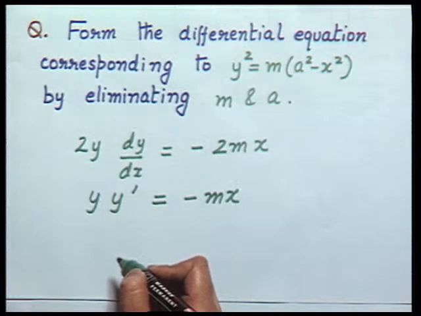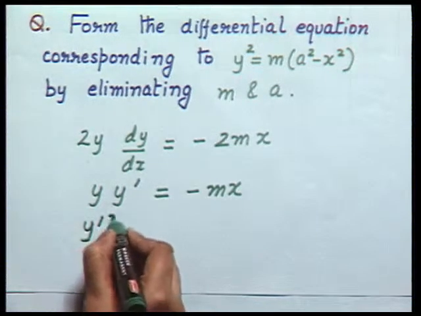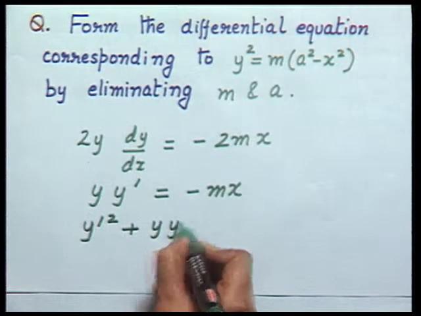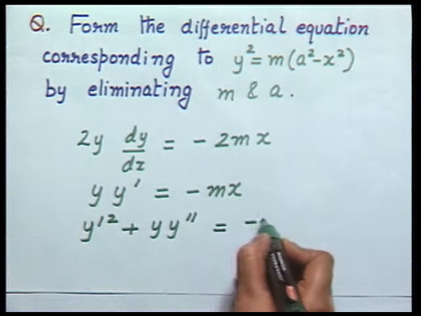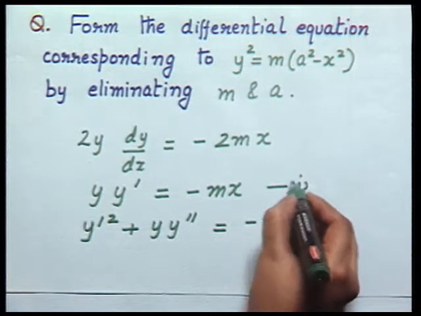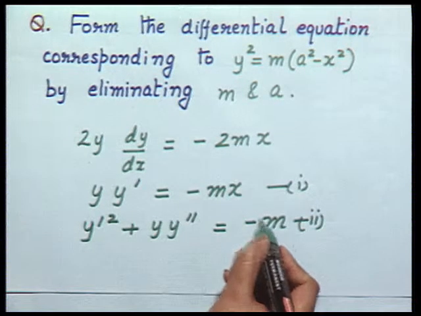Differentiating it again, you will have y dash square by the product rule plus y double dash is equal to minus m. These are the two equations which we have to use to eliminate the arbitrary constants, and that can be done directly.